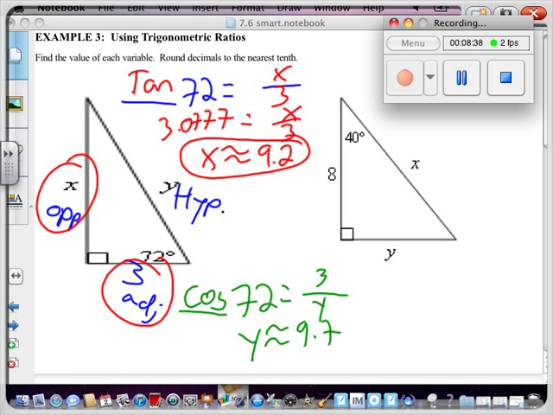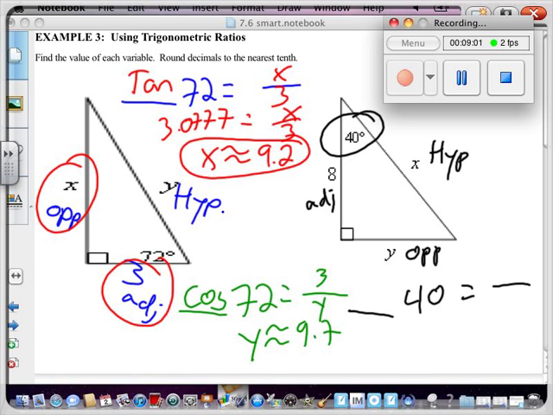Okay, let's look at this one. We've got 40. What is opposite 40? What is adjacent? And hypotenuse? Okay, let's find x first. So we've got cosine 40 equals that fraction.